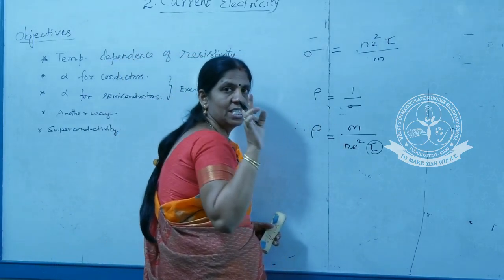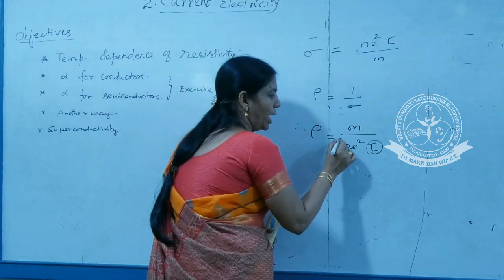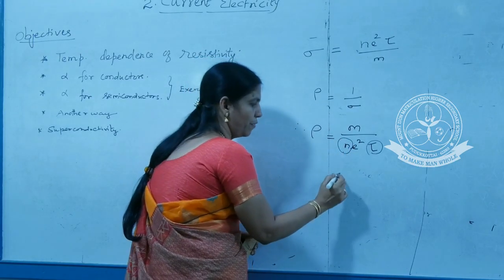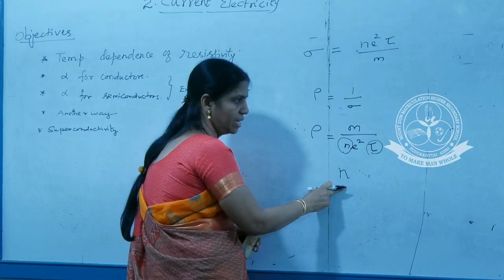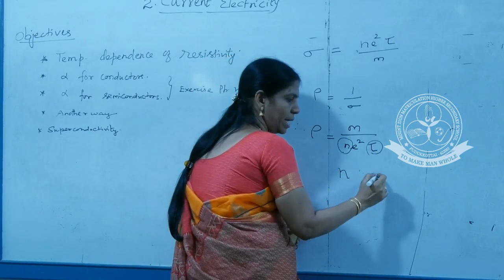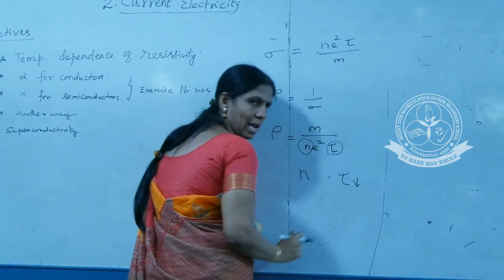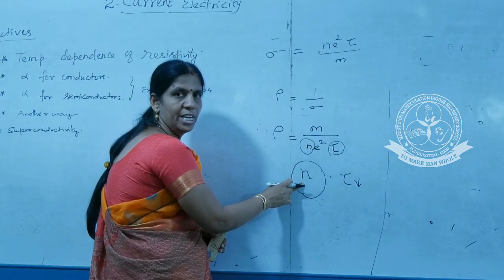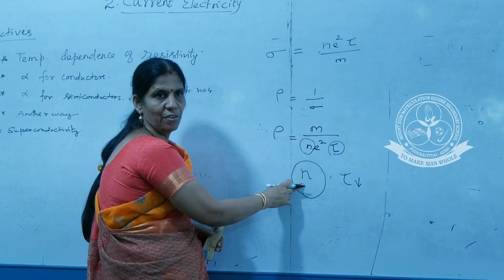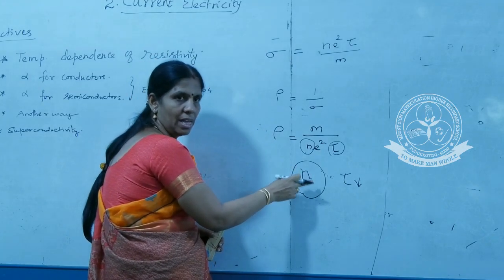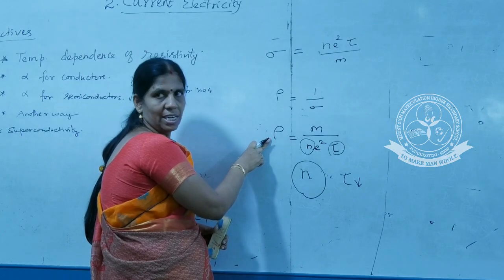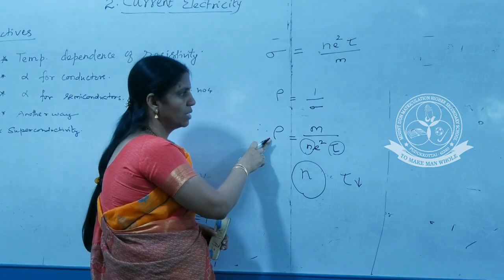If it is semiconductors, if you increase the temperature, that results in more number of electrons, n increases, but at the same time there will be decrease in the tau value. But the increase in n, that is increase in the number density of electrons, is dominant. That is why resistivity of the semiconductor decreases.